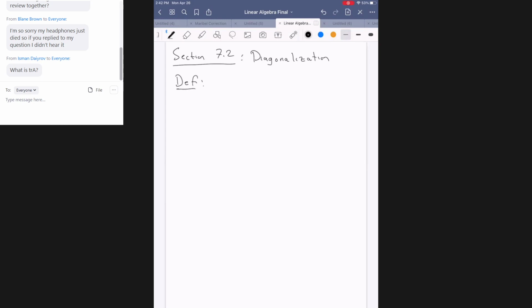Suppose the algebraic multiplicity of a root of the characteristic polynomial.